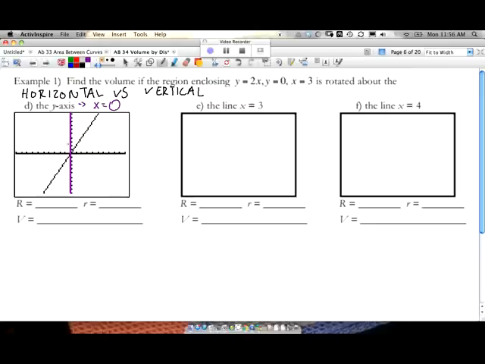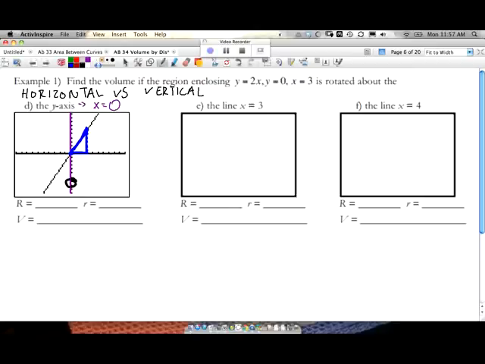Alright, now let's look at these other things here. So here's the region that we were going for, x equals 3 from 0 to 3. So here's our region. But now the major difference is we're going to rotate around horizontally. So we're spinning around this way. Now I'm going to draw some circles in here so you guys can see what that really means. That means our discs or washers, however you want to call them, would look like this.